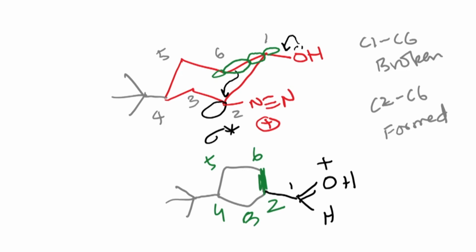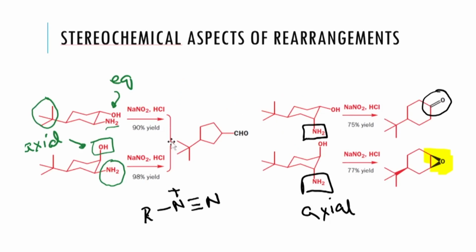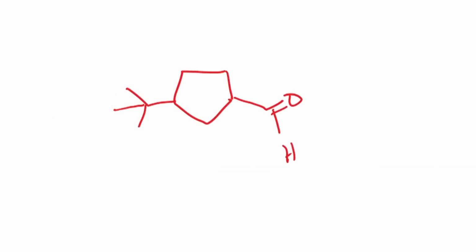Once this loses a proton, you get the final compound, which is the aldehyde we are producing, as shown here. So this is 1, 2, 3, 4, 5, 6. There's no loss of carbon here; it's just that the alcohol is now getting converted to an aldehyde, and the amine is getting converted to a diazonium salt, which then leaves as nitrogen gas.